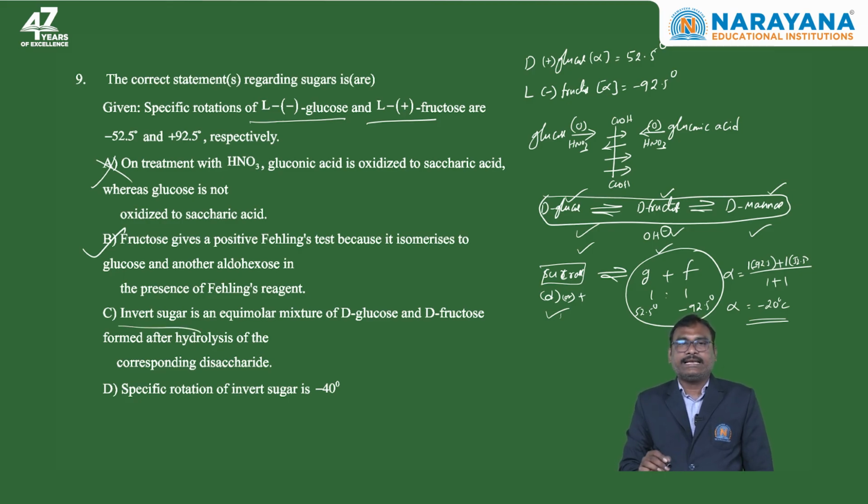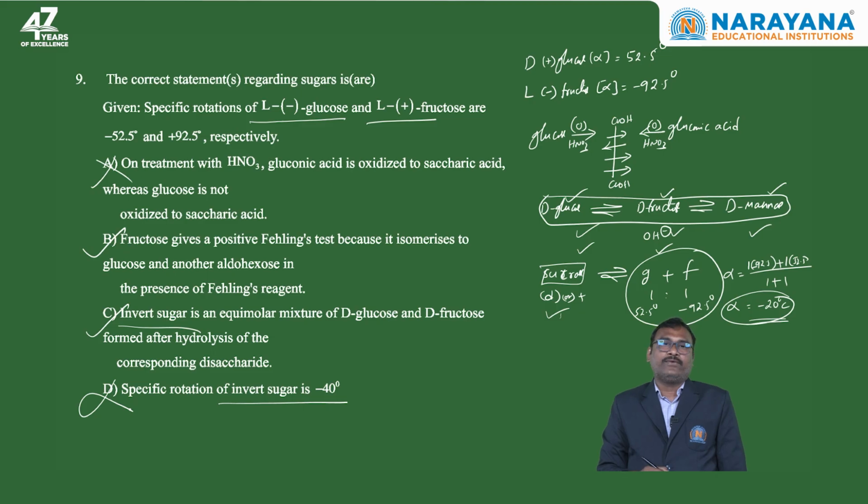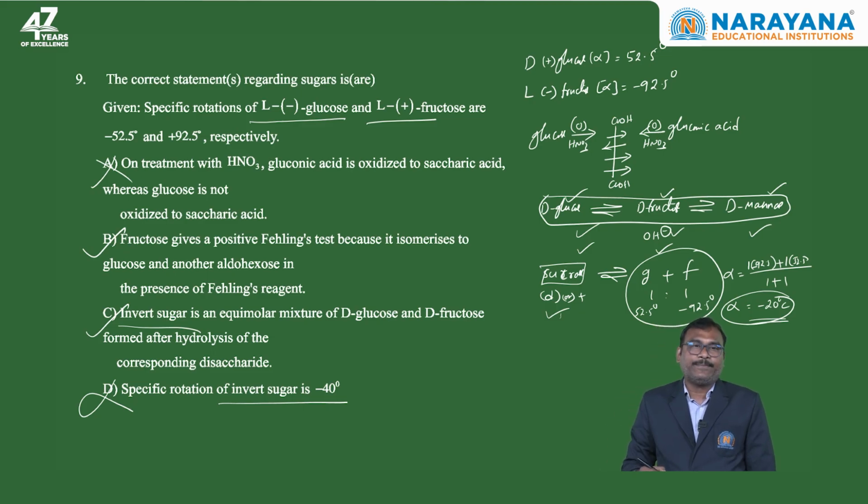So, invert sugar is an equimolar mixture of D-glucose and D-fructose formed after hydrolysis of the corresponding disaccharide. Therefore option C is correct. Specific rotation of the invert sugar is minus 40? No, invert sugar is minus 20, just now we calculated. Therefore for the given question, options B and C are the only correct answers.